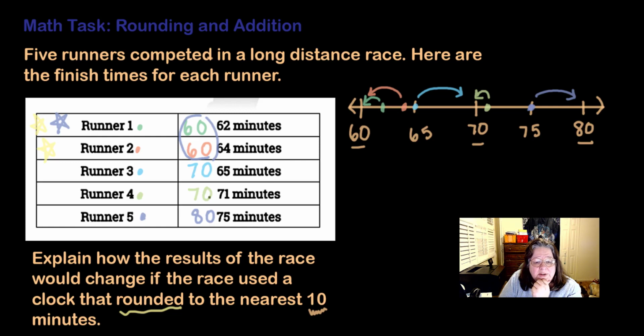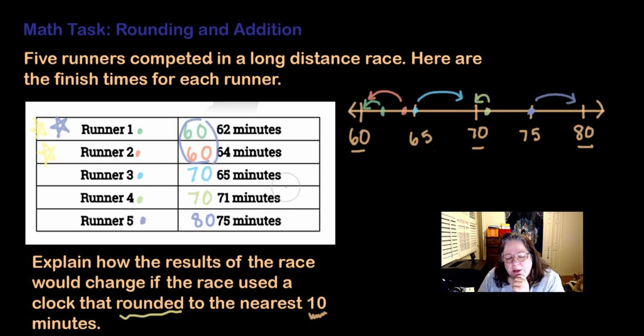Oh, look, we'd have a tie for second. And then we'd have a last. So how would the results of the race change? Well, I think the most practical way the results change is that we would have a tie for first and a tie for second instead of the people that were actually the shortest. They wouldn't get credit for being the shortest.